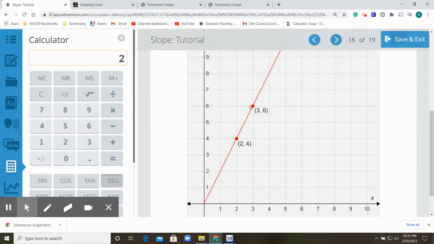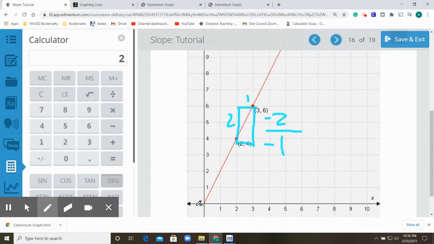It doesn't matter whether you're going up and over to make 2 over 1, or down and over, negative 2 over negative 1. Going this way is negative, going this way is positive.